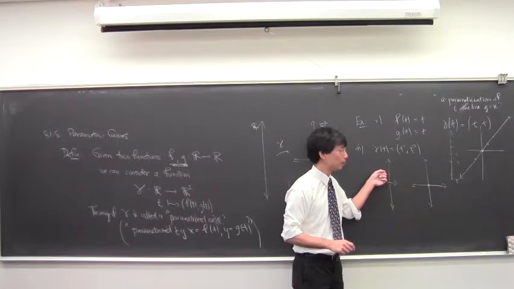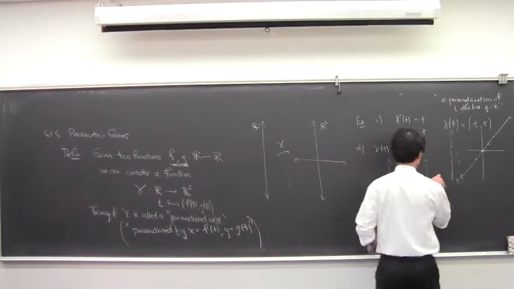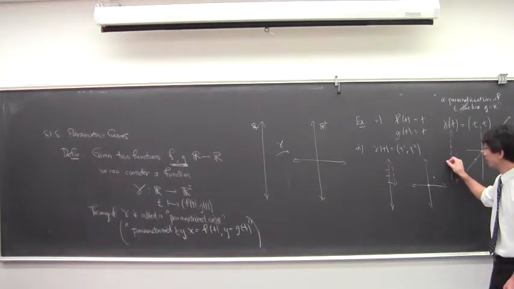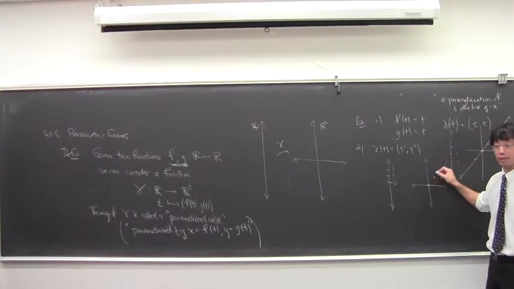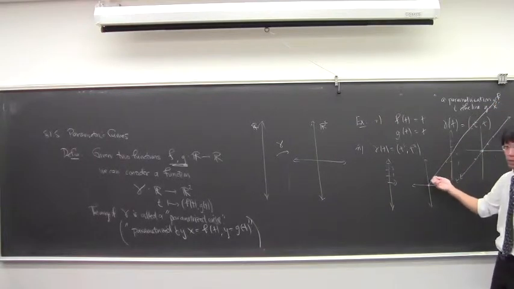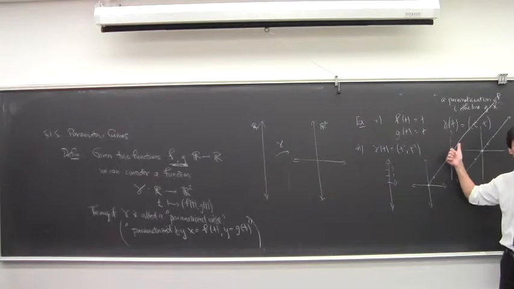At time 1, where are we? It stays positive. So at time 1 we're at 1, 1. At time 2, where are we? 4, 4. Time 3 we're at 9, 9, et cetera. So as time goes forward, it goes off to infinity along the same line.